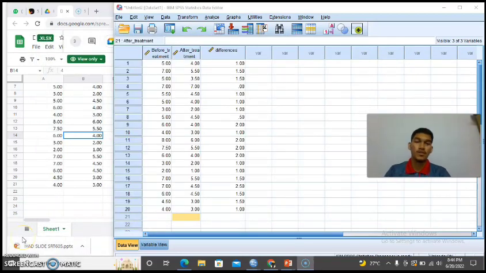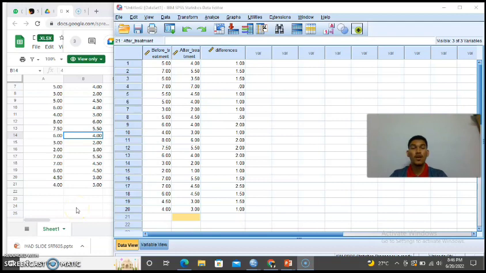So after we compute the difference, we get the difference between before treatment and after treatment. As you can see in the table, the differences are 1, 1.5, 1.5, 0.